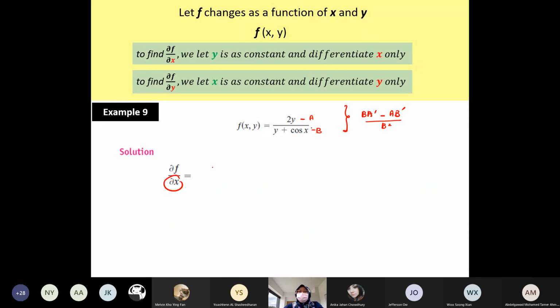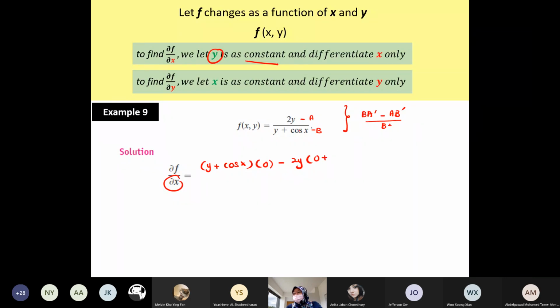So we have y plus cosine x, differentiate 2y. For 2y, y you treat as a constant, so when you differentiate a constant, it becomes 0. So minus 2y differentiate B with respect to x, but y gives 0.